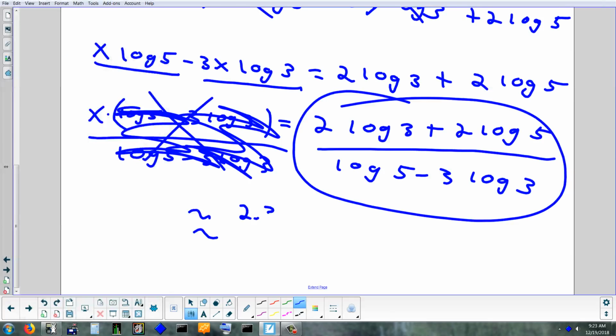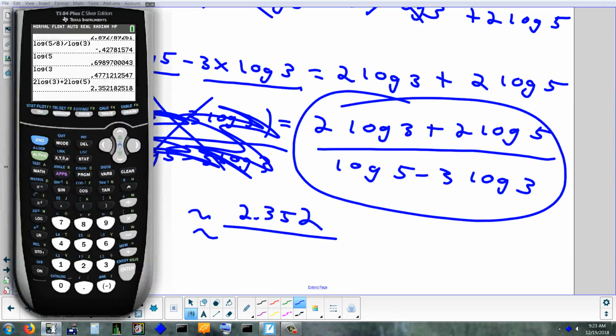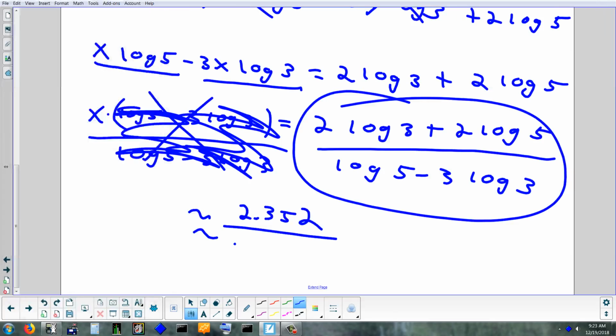So 2.352 divided by, now do the bottom separate. Log 5 minus 3 log 3. That's negative 0.732. And now divide them.